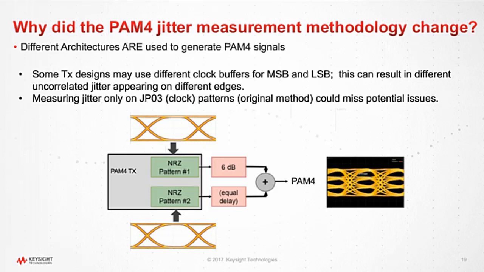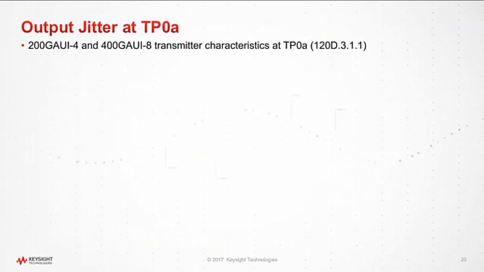As a result, if you were only to look at the clock pattern, the JP, which stands for jitter pattern 0 level to 3 level, this was the original clock pattern that was defined, you could potentially miss some jitter issues. That's the reason why the Standards Committee has changed to looking at 12 specific edges: to catch problems that might occur from that type of architecture.